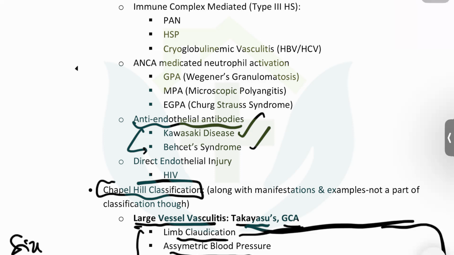Yes, colchicine is the treatment for gout. How does it affect gout? It prevents polymerization of the urate crystals and prevents its deposition in the joints.